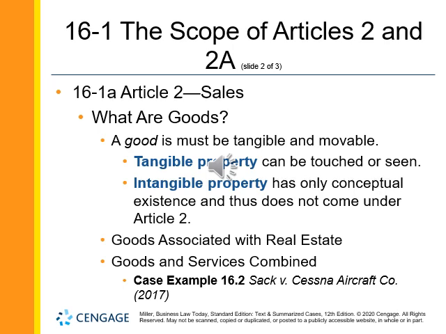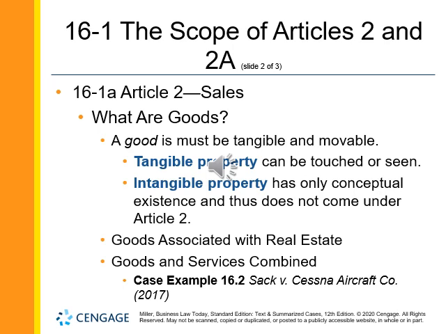When they are a fixture, ordinarily they're not going to be considered to be a good unless they've been physically detached, at which point they can regain their status as a good. Different states will have different concepts of what a fixture is, and they can be fairly nuanced at times.